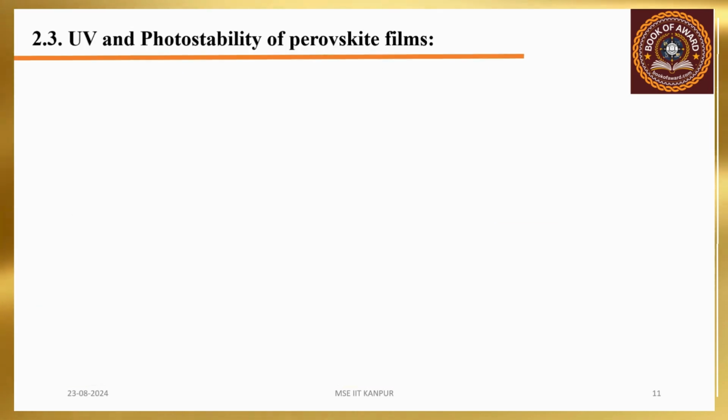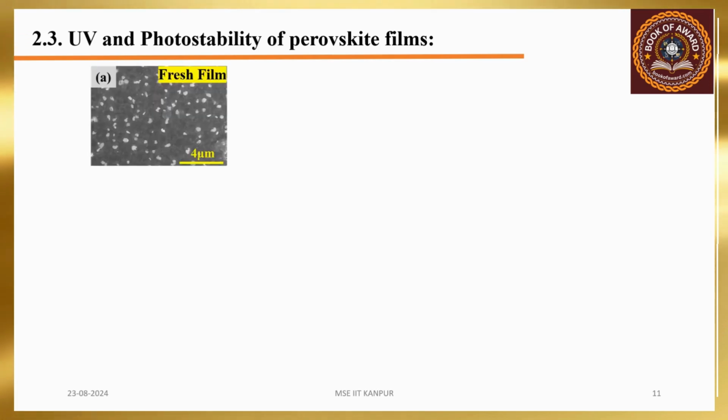To study the UV and photostability of perovskite films, firstly we make the triple cation perovskite films on glass substrate by spin coating. Then one film is taken without UV filter and one with UV filter. Then we expose them to UV light.